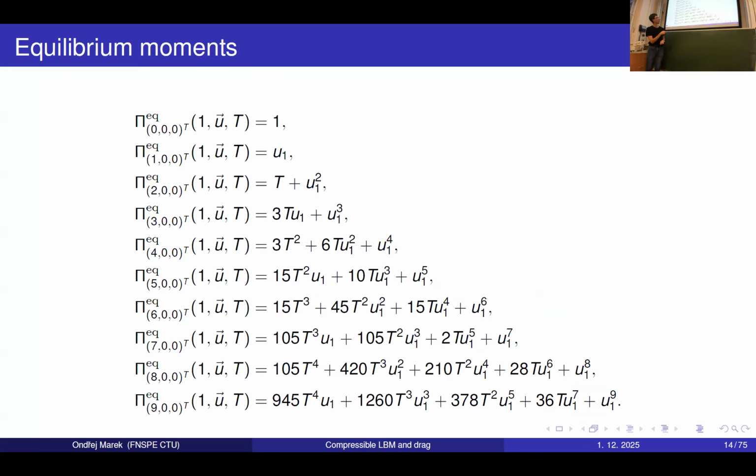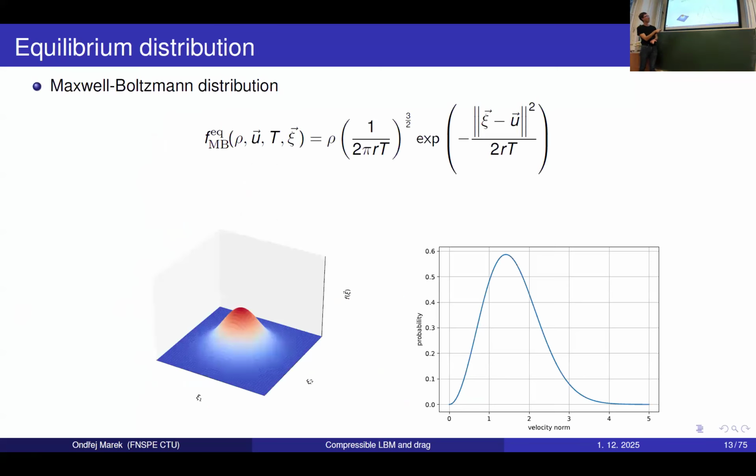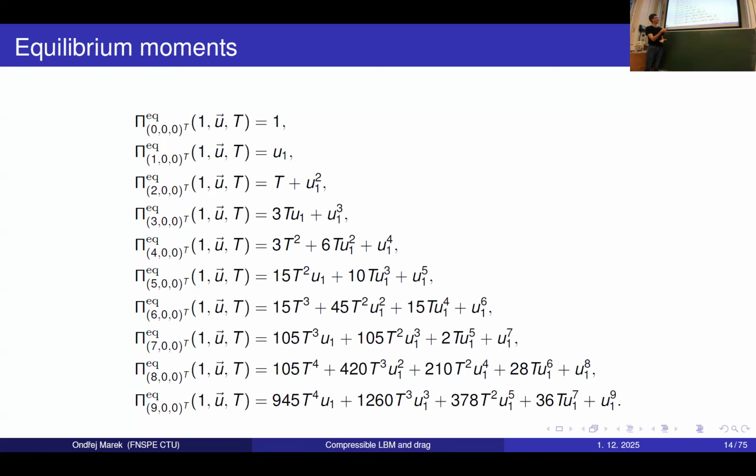And here are some statistical moments for the equilibrium, which are to a higher order, because that's how the models are then derived. So basically, this was one part of my study for the diploma thesis. I derived an exact formula for each of the statistical moments of this function, which is used in articles, but never actually written out in one form.